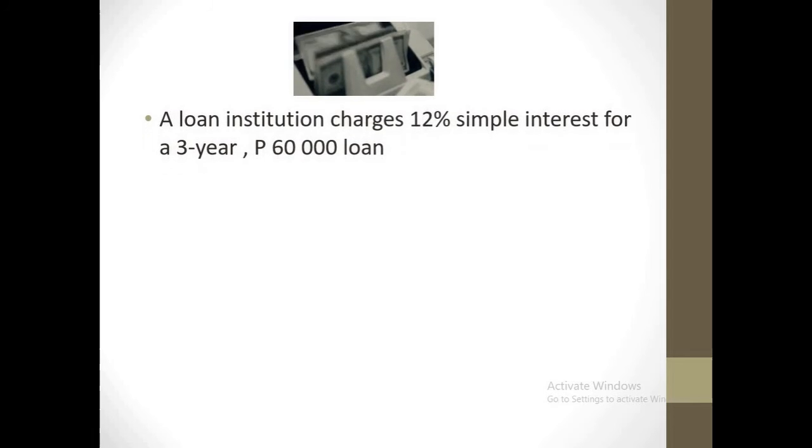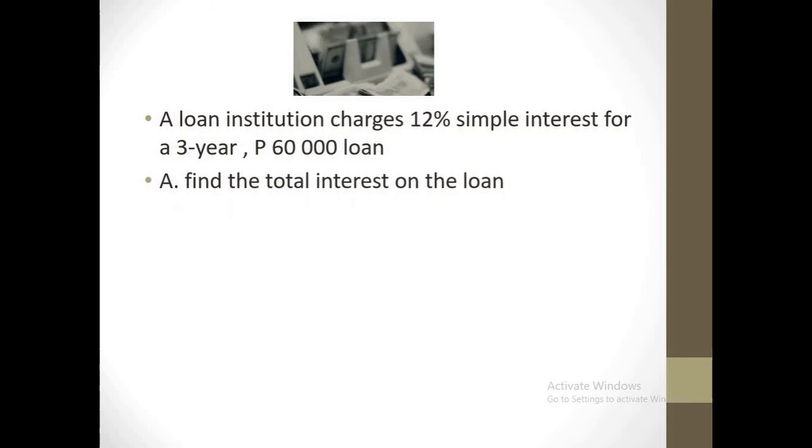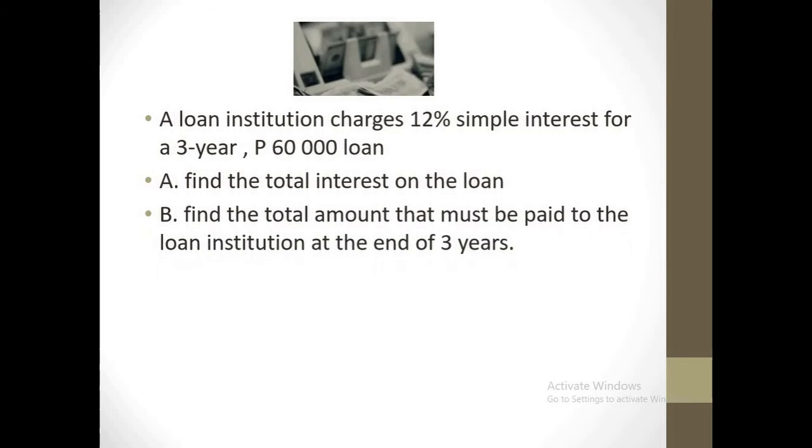Next problem. A loan institution charges 12% simple interest for a 3-year 60,000 loan. Letter A. Find the total interest on the loan. And letter B. Find the total amount that must be paid to the loan institution at the end of 3 years.